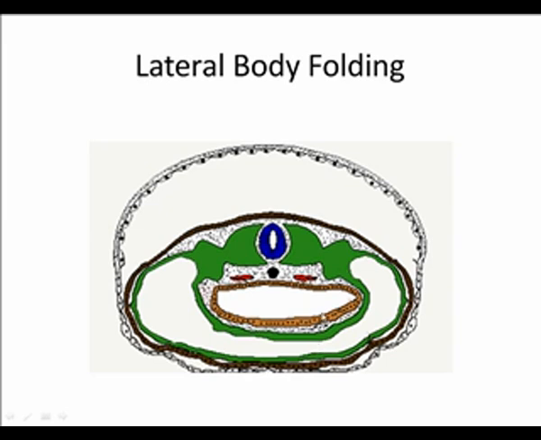The endoderm then formed the gut tube, and as we move posteriorly, we see the notochord, we see some developing blood vessels, and we see the neural tube surrounded by mesoderm. This is a very nice animation of lateral body folding.